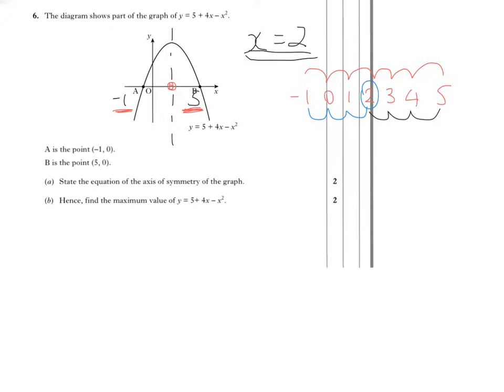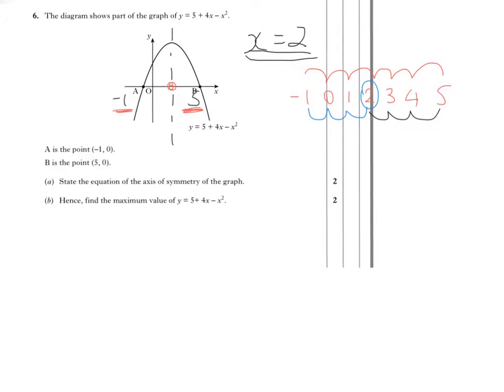Okay, part B. Part B says, hence, find the maximum value of y equals 5 plus 4x minus x squared. As you can see, the maximum value occurs up at the peak of the curve. The maximum value refers to the highest point of the curve, and that refers to y coordinates.